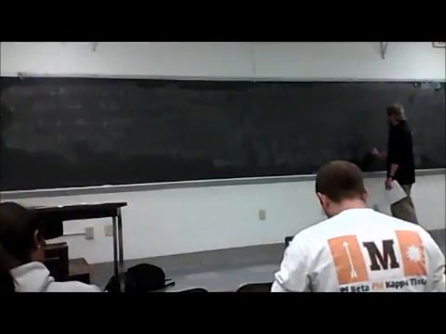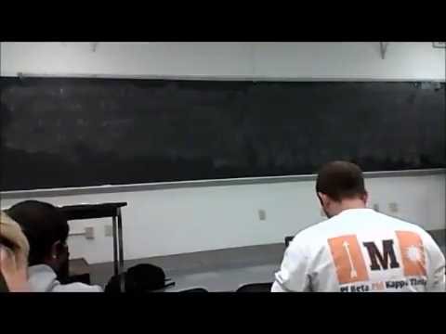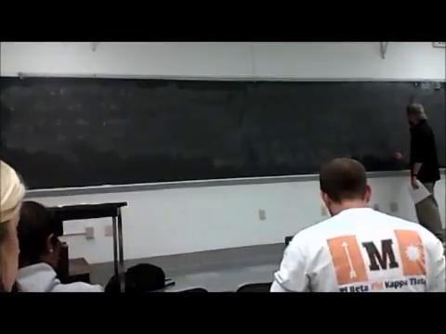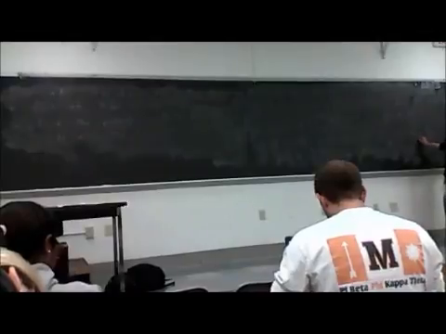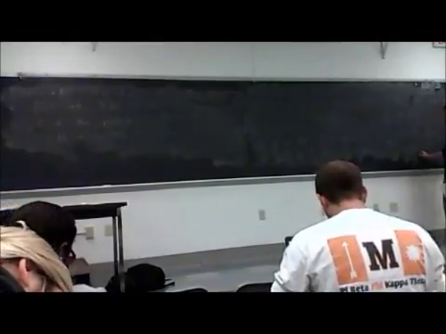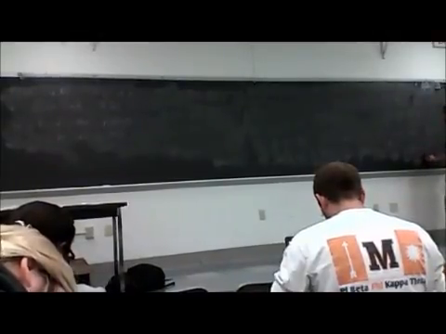So the probability of this event E is just the cardinality of E divided by the cardinality of the sample space. So that's 13 choose 5 divided by 52 choose 5.